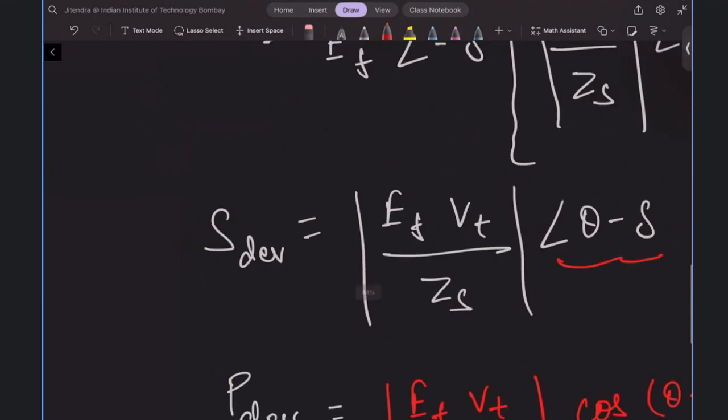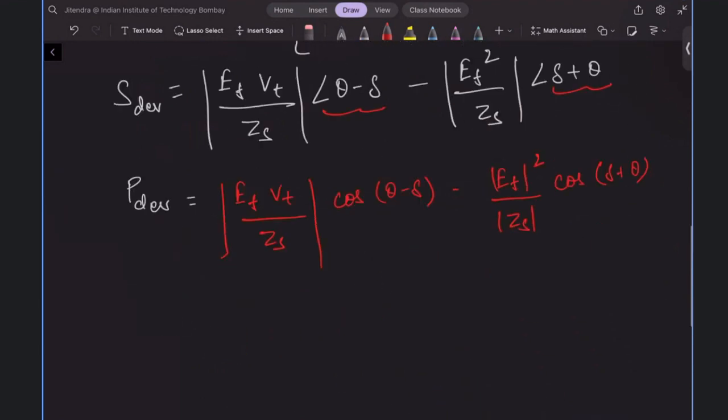That you have to evaluate from this expression. So when will this expression give you the maximum power? Or you can differentiate it and find the local maxima point, and you can evaluate that way as well.